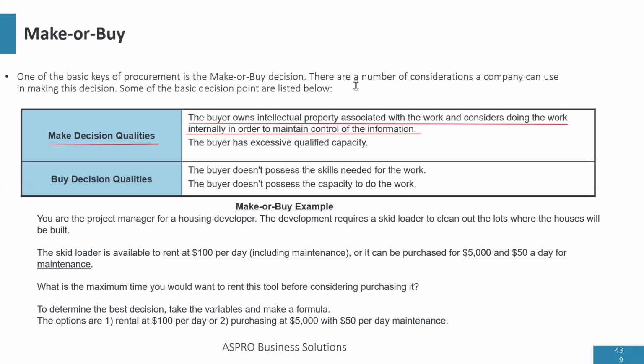So if the buyer owns intellectual property, do it yourself. Now, do you know that Apple took Samsung to court over Samsung creating their phones?